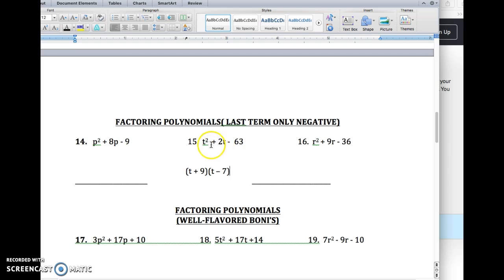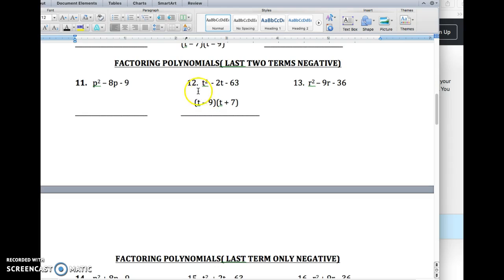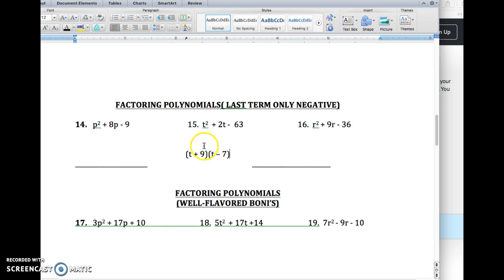So you can see the difference between this one and this one. Very similar, but one takes the negative 9 because the middle term is negative, and one takes the positive 9 because the middle term here is positive. Okay? So go ahead and practice yourself with this one and that one.